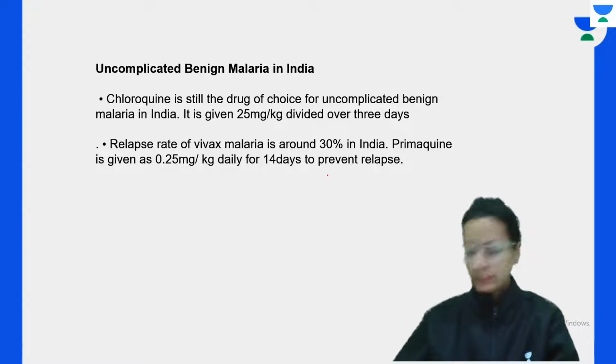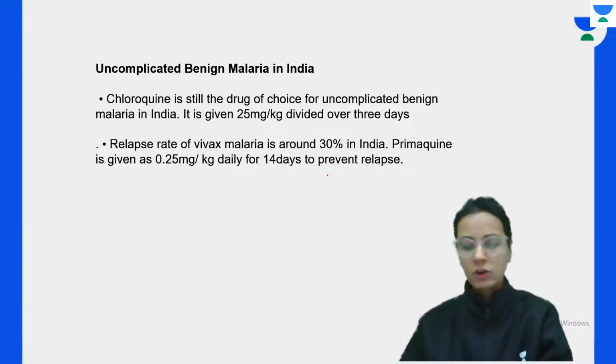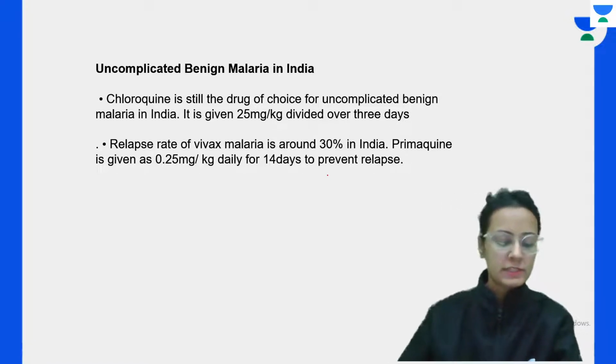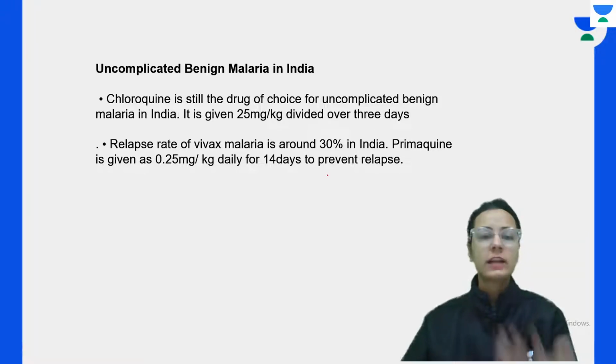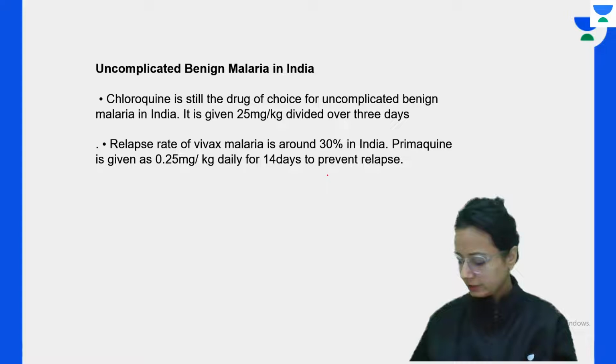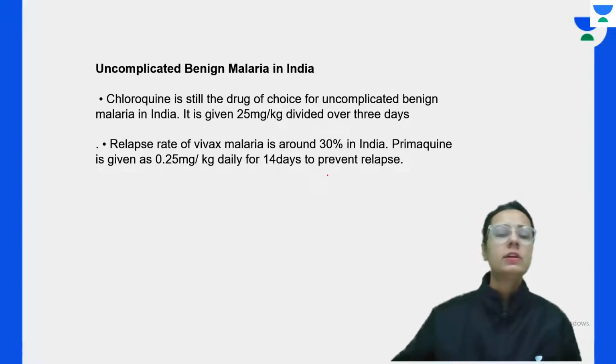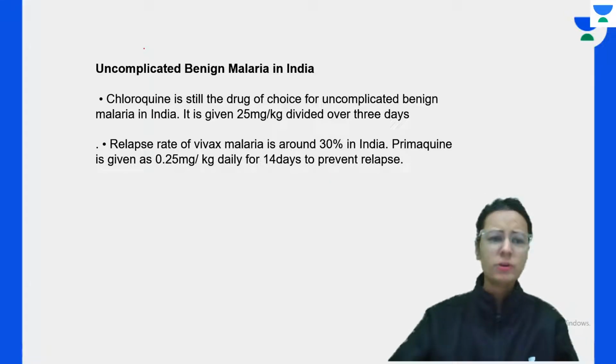Now, we'll also see the PBF, in which we'll see the Schüffner's dot or the James dot or Maurer's dot. We will read these slides after completing the laboratory diagnosis.